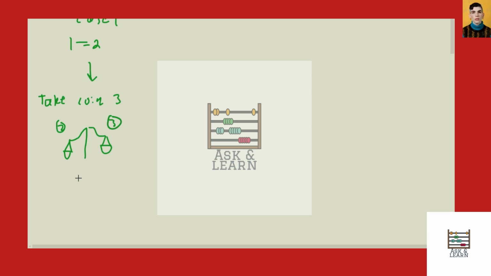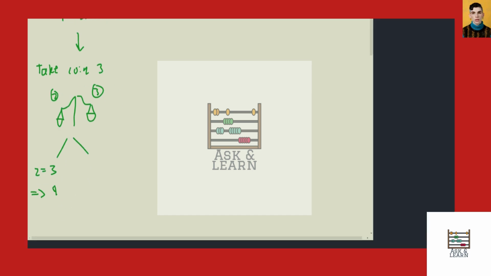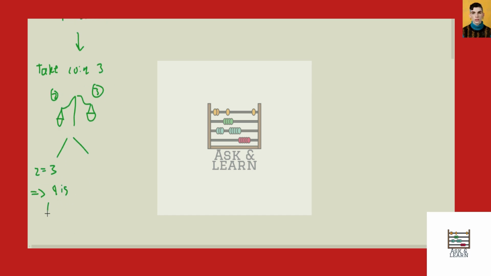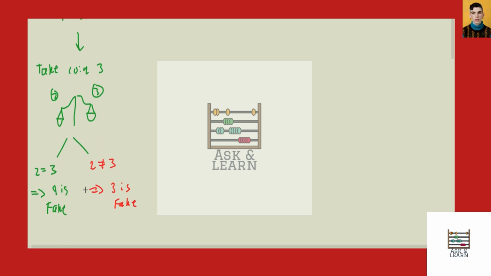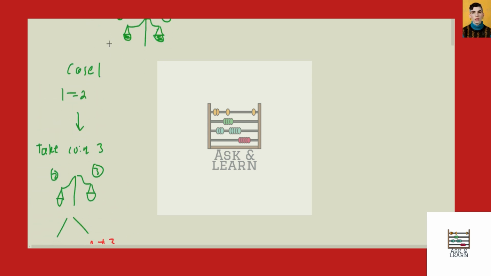The first one is that 2 is equal to 3, which implies that 4 is our fake coin, or we have the case where 2 is not equal to 3, which would imply that 3 is our fake coin.